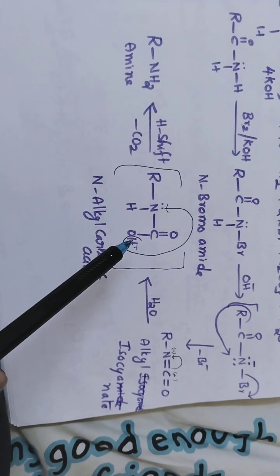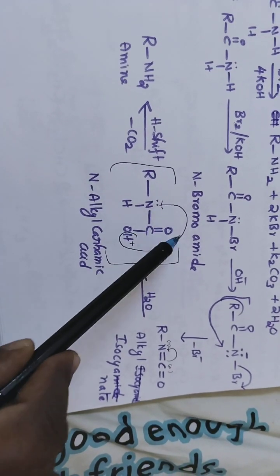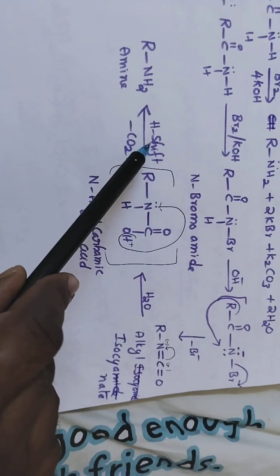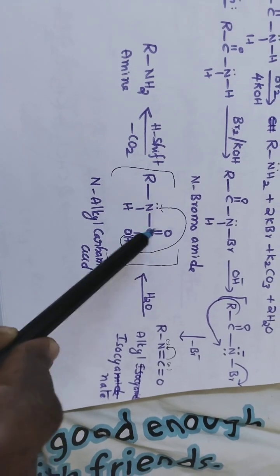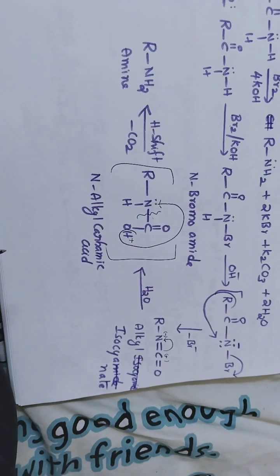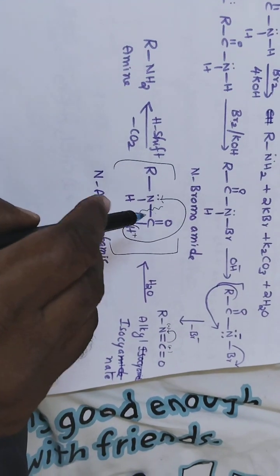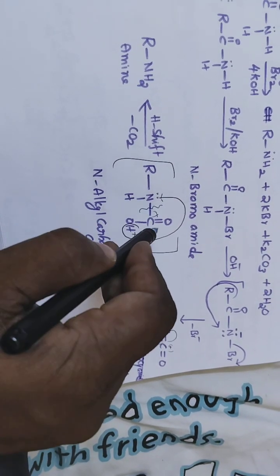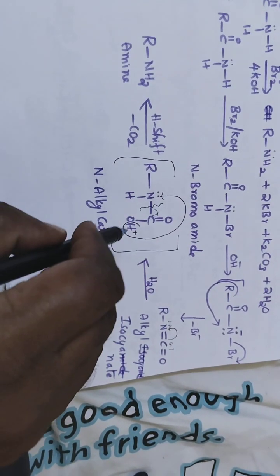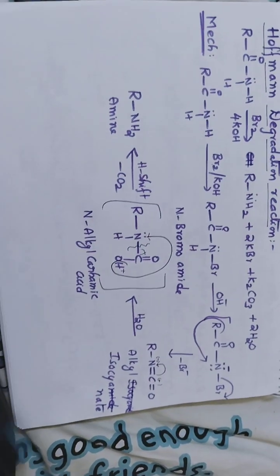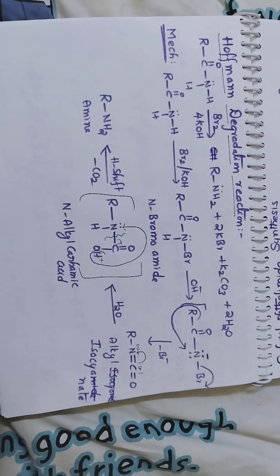So this CO2 will be removed, H plus will be shifted, hydride shift will be from here to here, bond breaking will happen like this. So here bond breaking happens, here will be C plus, N minus, H plus will be added, it will become amine. So this is the mechanism, students.